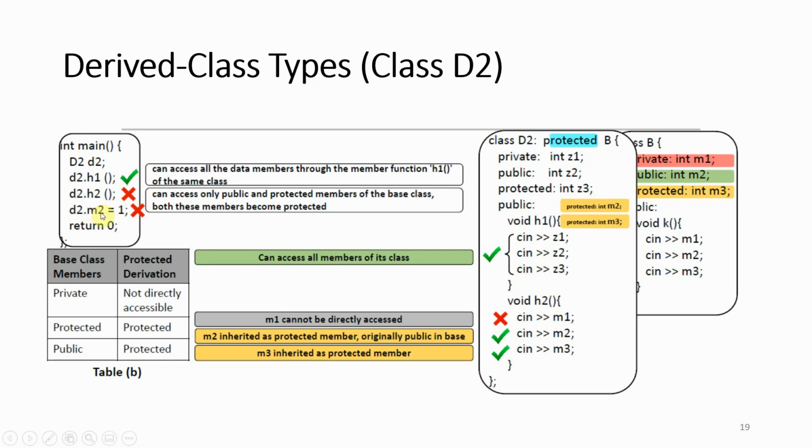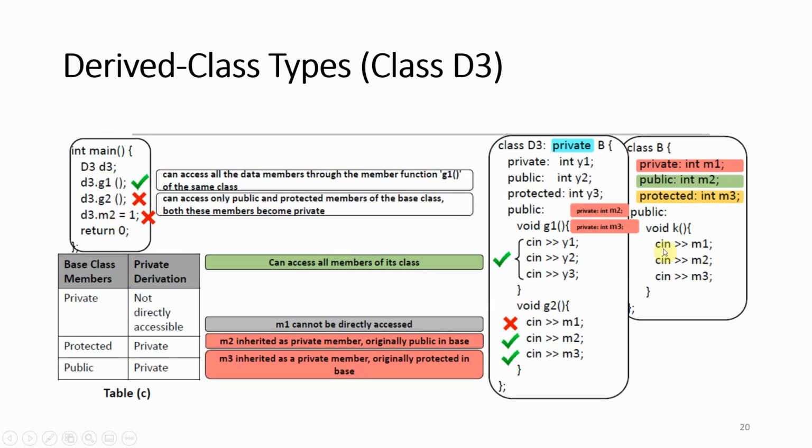Let's look at D2.M2. M2 is public here, right? But it is inherited in the protected mode. So it would become a protected member of D2, right? And protected members are only accessible with member functions of that class and member functions of the derived classes. This is not a member function, so we don't have access to M2.